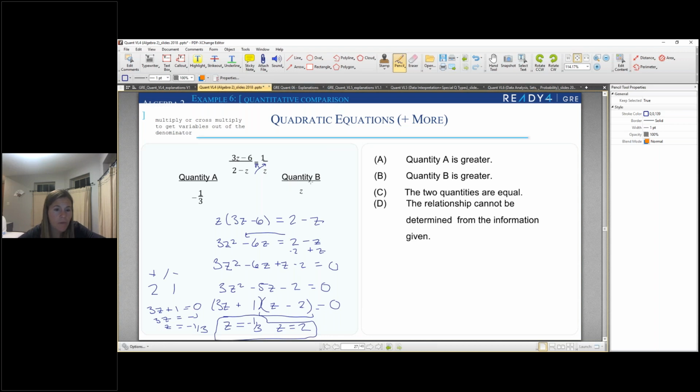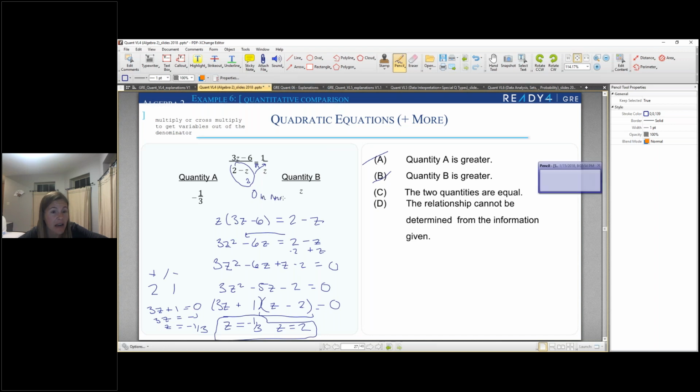And here's the last thing. We've got two possible solutions here. So quantity A is greater? No, it's either equal or the same, so it's definitely not A. Quantity B is greater? Well, we don't know. It could be the same or it could be 2. So that's not right. But the other thing is that if we had 2 as a solution and we plugged it in up here, that would give us a 0 in the denominator.